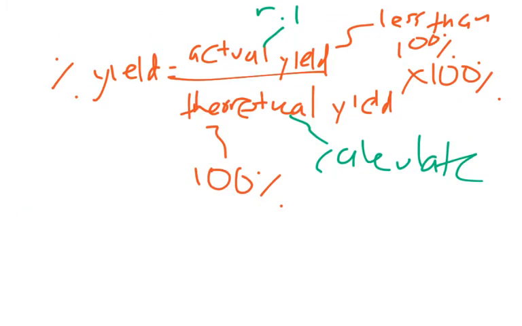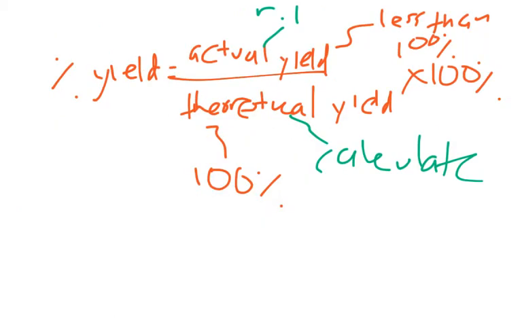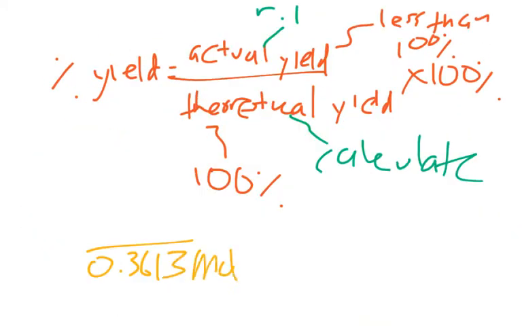So let's do a practice problem. Let's just say that we had this reaction going on, and real scientists did this experiment, and they calculated the theoretical yield, assuming that all of the oxygen was consumed as a limiting reactant. So the theoretical yield was 0.3613 moles of carbon dioxide.